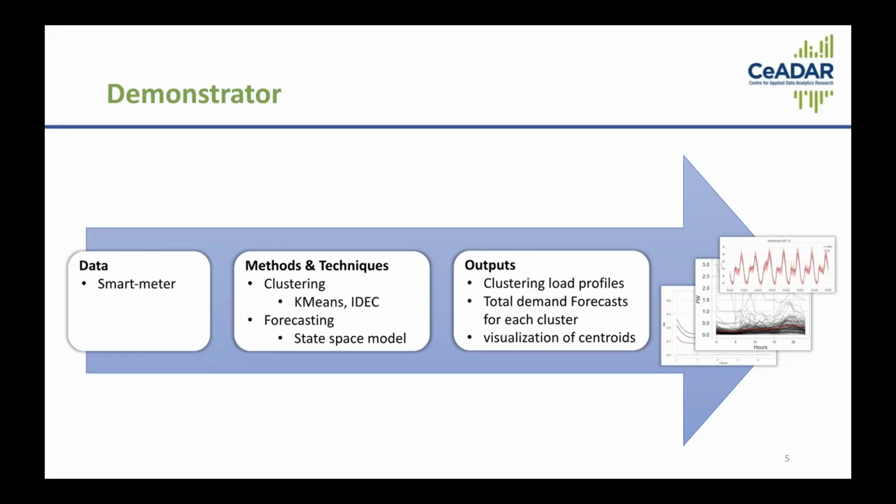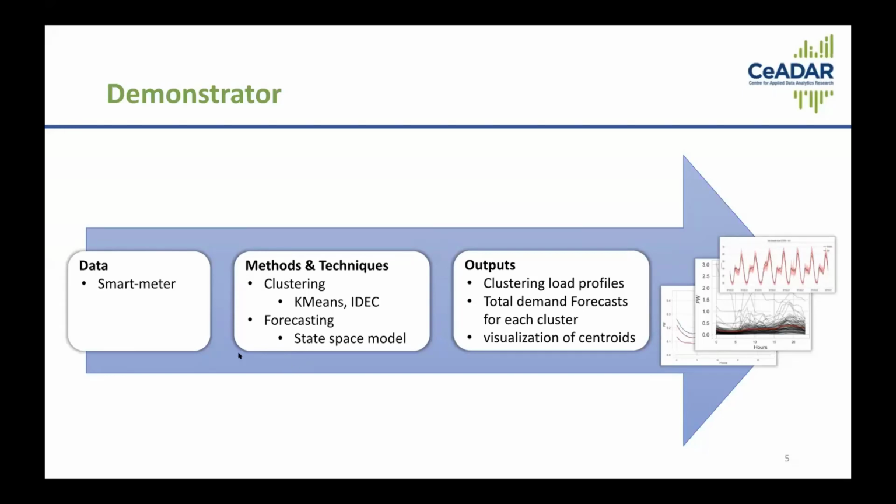It's worth mentioning that we tried other models such as neural networks, but this model had better results in terms of prediction accuracy. So in summary, in the Machine Learning for Green Energy Demonstrator project, first we use a deep learning approach to perform automatic feature extraction and clustering of load profiles at the same time. We then use the deep embedded clustering result for total demand prediction for each cluster using a probabilistic model.